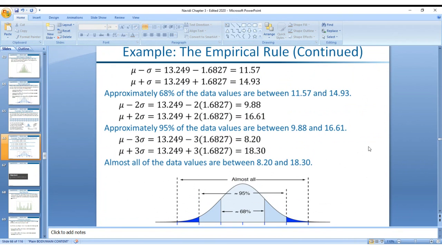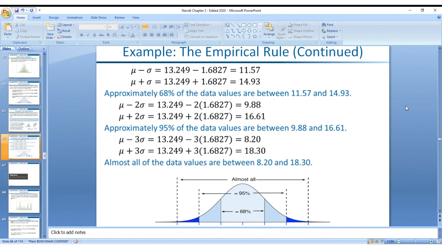All right. Now, here's the way the empirical rule works. If we want to find out what percentage of those 51 values are within one standard deviation, we can subtract one standard deviation from the mean, which is 11.57, and add one standard deviation to the mean, which is 14.93.